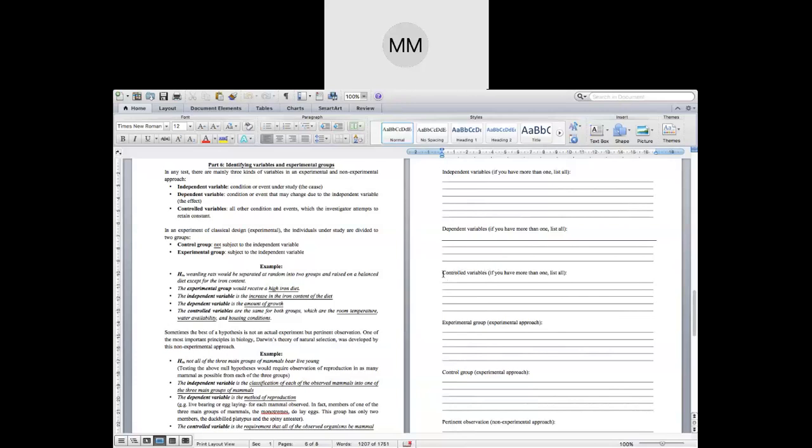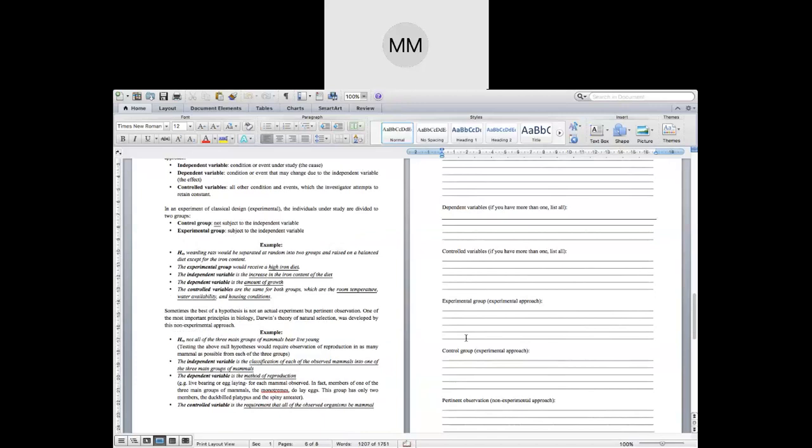But again, for the wild, control variables might be a little bit tricky. So it really depends on the research you're looking at, which is why in that matter, if you are facing any difficulties, then you have to talk to me about it. But otherwise, these things apply. If you're doing pertinent observation, you don't need to do this too. And if you're doing experimental, you don't need to do pertinent observation. Cool?